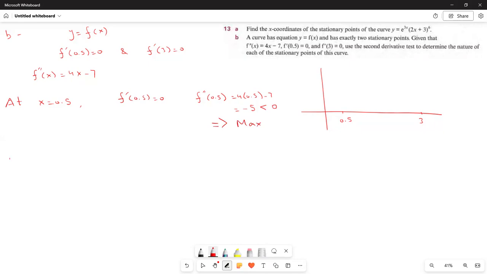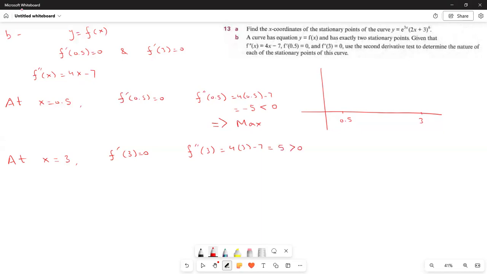In the same way, at x equal to 3, we are given that the first derivative at 3 is 0, which means we have a stationary point over here, and the second derivative at 3 is going to be 4 times 3 minus 7, so it is 12 minus 7, which is 5, and 5 is positive.